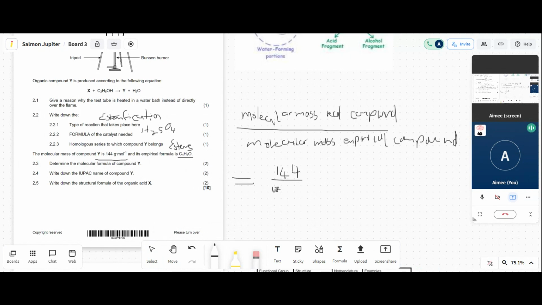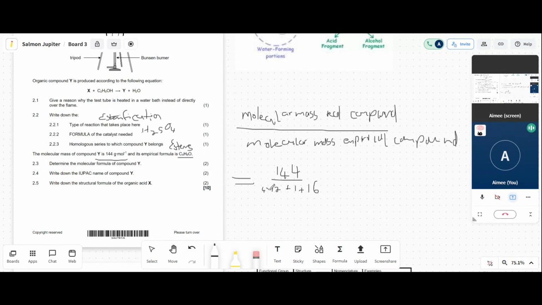The relative atomic mass of carbon is 12, plus that of hydrogen, which is 1, plus that of oxygen, which is 16. And now you need to remember to multiply each of your relative atomic masses by the number of atoms that you have in your empirical formula.